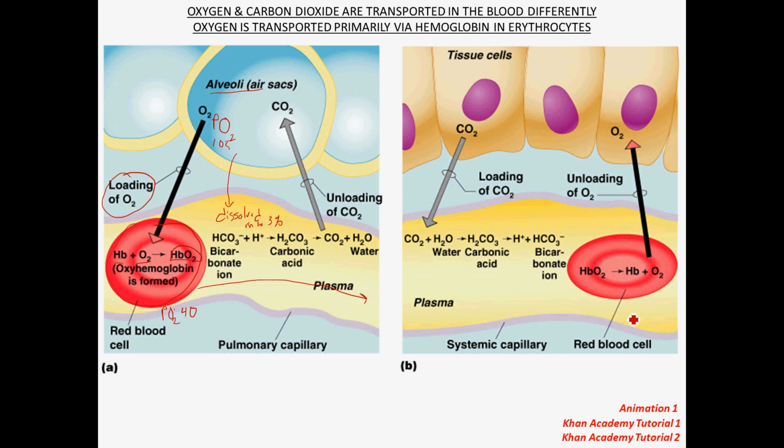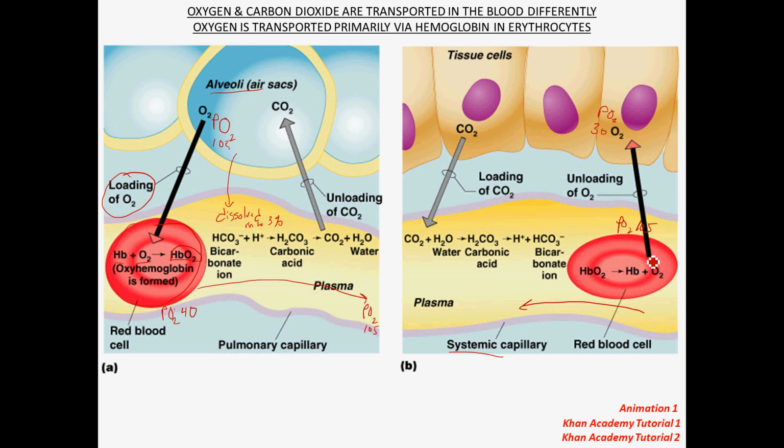The reverse then happens when we get into a systemic capillary, as the blood's flowing now this direction. The PO2 inside the tissue cells here is rather low, somewhere in the neighborhood of 30, and the PO2 here is about 105. Again, as it's leaving the pulmonary capillary, the PO2 would be about 105.